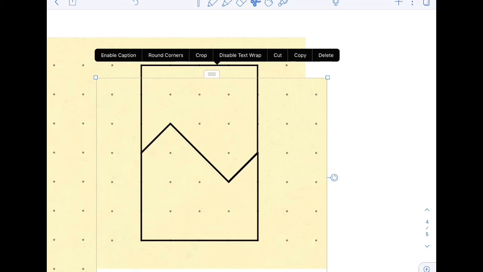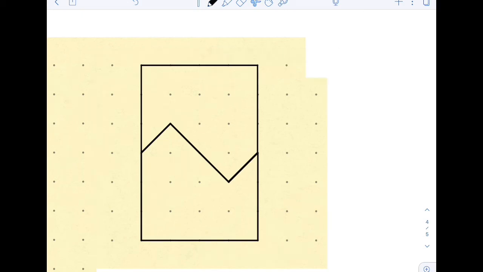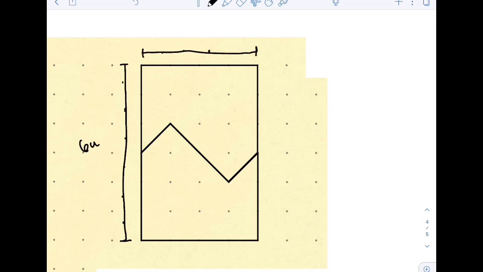So I can just figure out the area of the rectangle, but I only need half of the area of the rectangle because I've doubled it here. So this is 1, 2, 3, 4, 5, 6 spaces tall, so 6 units. And it's 1, 2, 3, 4 spaces, 4 units.